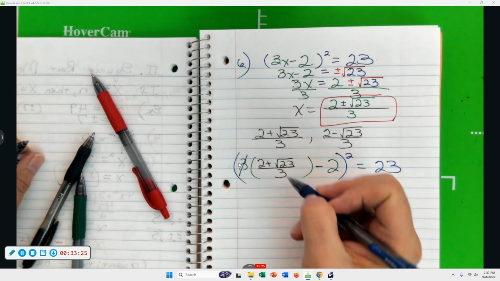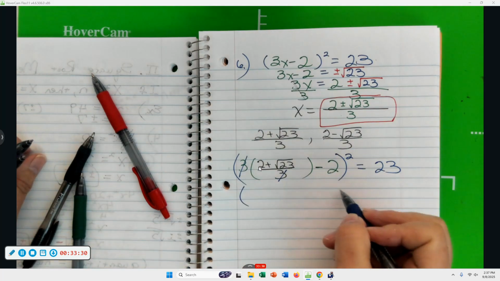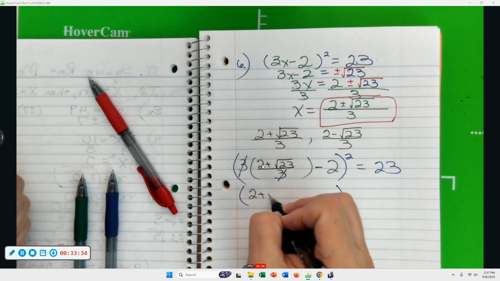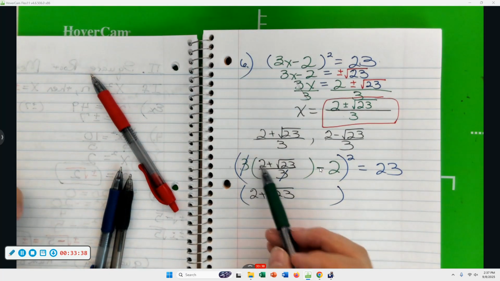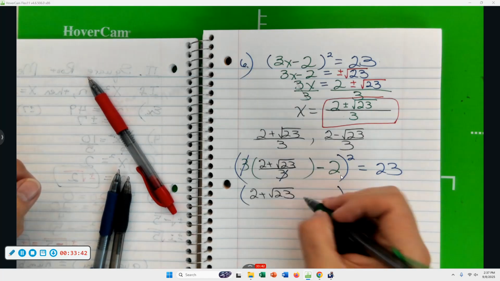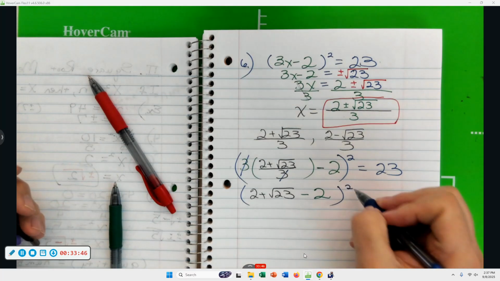The 3's cancel. So all you have is 2 plus the square root of 23, minus 2, quantity squared equals 23.